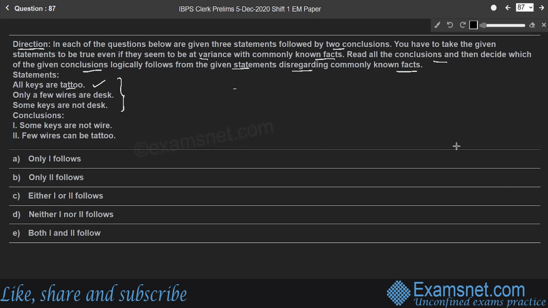So first statement is all keys are tattoos. There is a set of keys and set of tattoos, where set of keys is completely included in the set of tattoo. So therefore, first statement, all keys are tattoo.